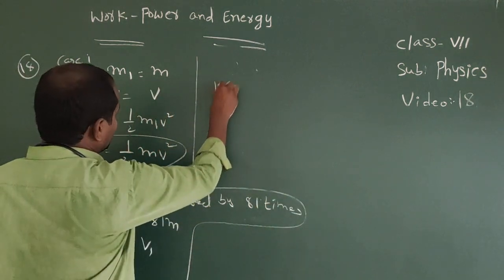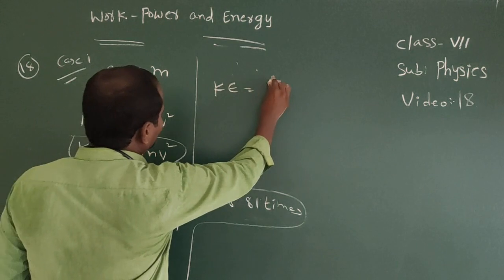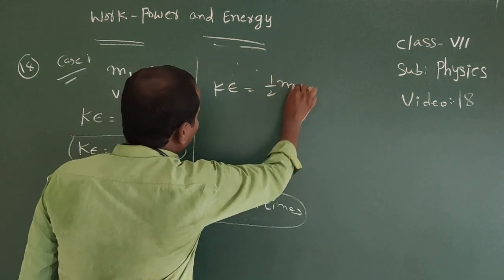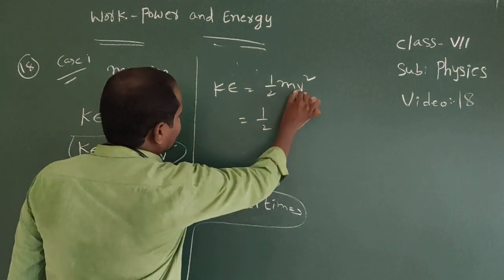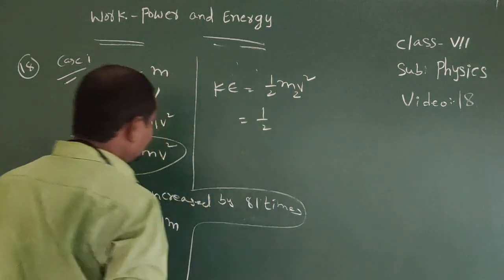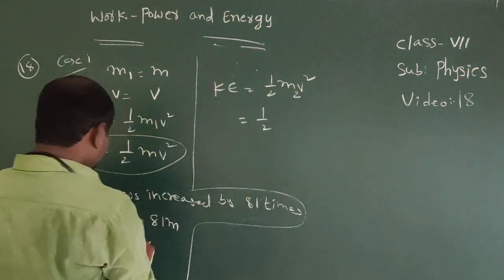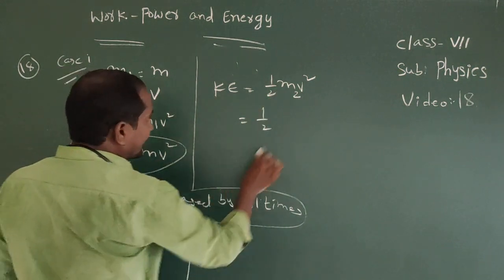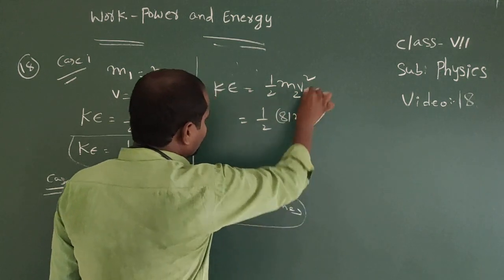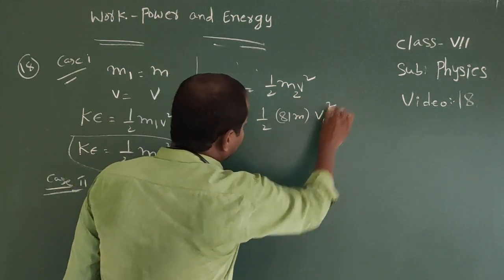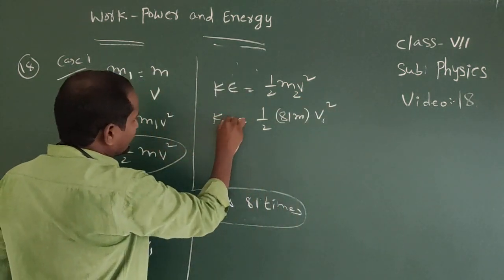So the new kinetic energy K equals half into m2 into v1 square, that is half into 81 m into v1 square. It is the new kinetic energy.